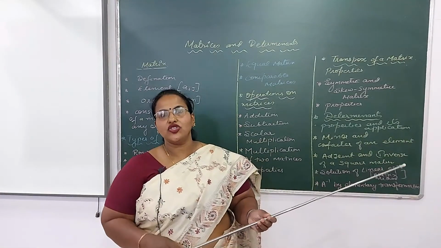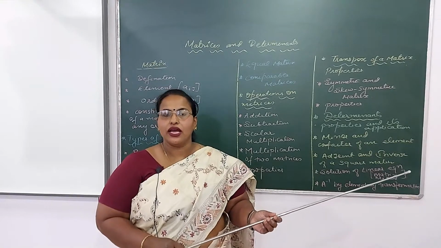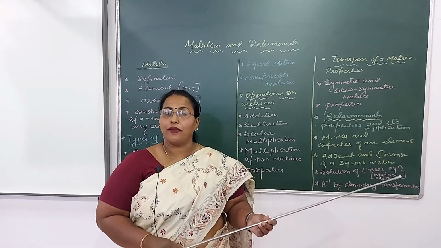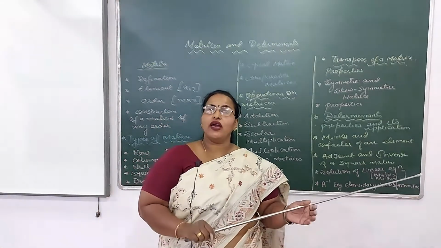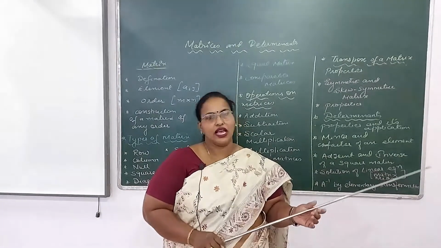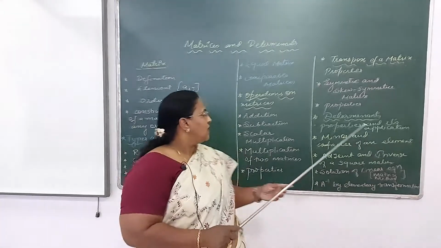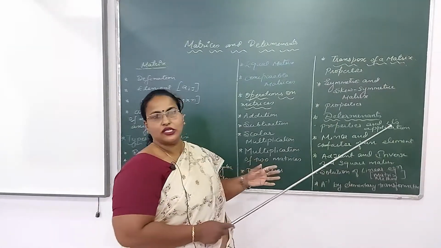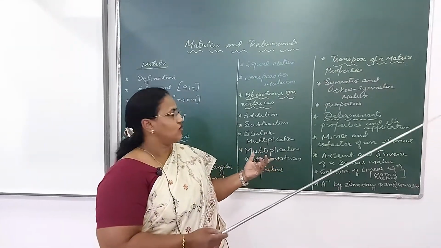A minus A transpose is always skew symmetric. And the last important property: every square matrix can be expressed as a sum of a symmetric and a skew symmetric matrix. So all these properties and the questions based on them we have done.